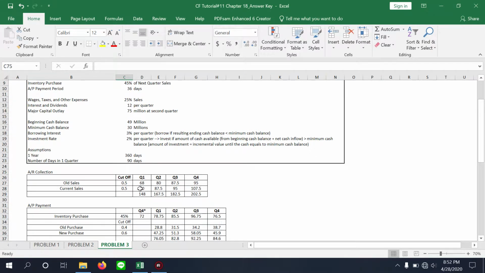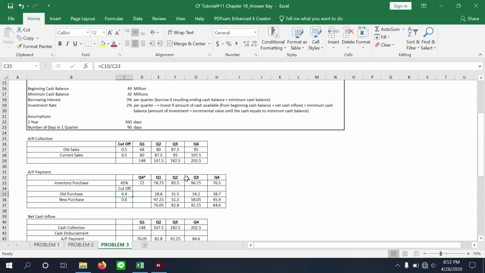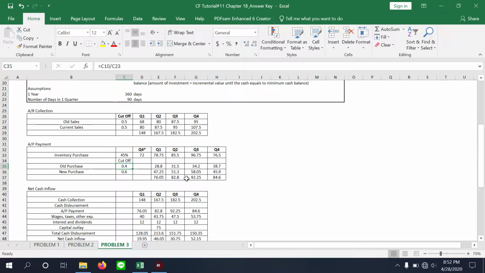After you find the account receivable, the next is the payable payment. You need to know how much is paid in each quarter. It's the same step. Remember the cutoff point. Please pay attention to this because the cutoff point will determine how much you pay in each quarter.